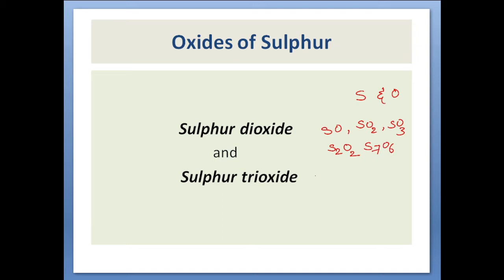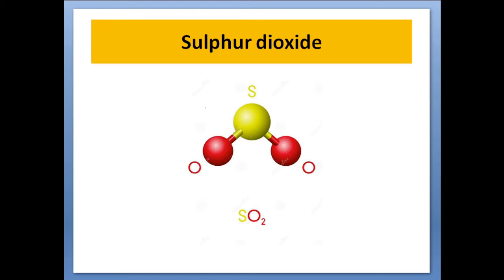Among these, the important sulfur oxides are sulfur dioxide and sulfur trioxide. Here in this model, the yellow atom is sulfur, and the red atoms are the oxygen.